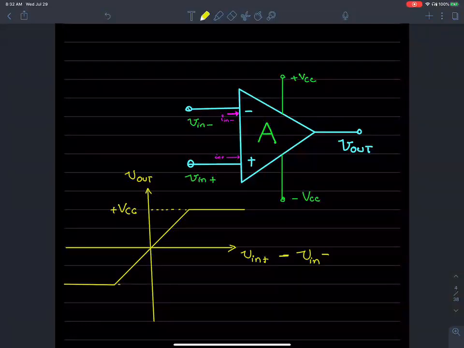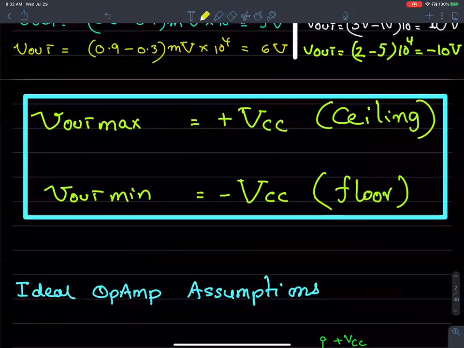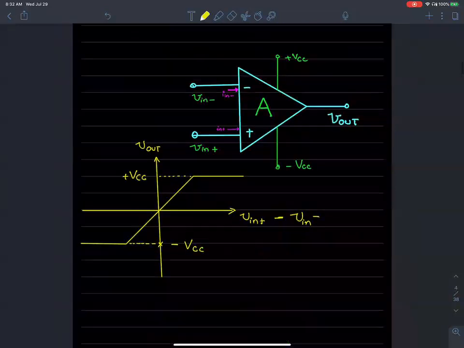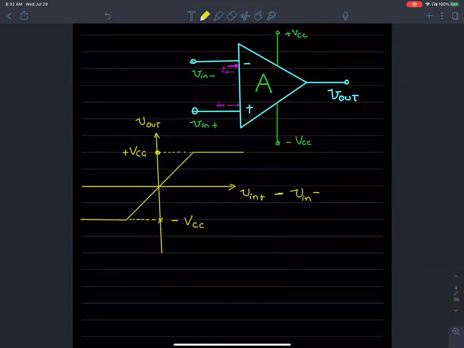The minimum value for the output is set by the negative VCC. This is exactly what we saw in this equation, just shown in a figure. The minimum value is set by the negative power supply.